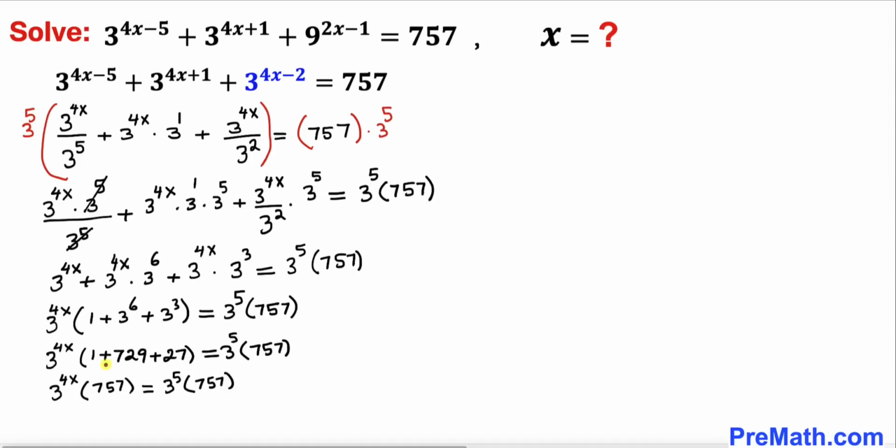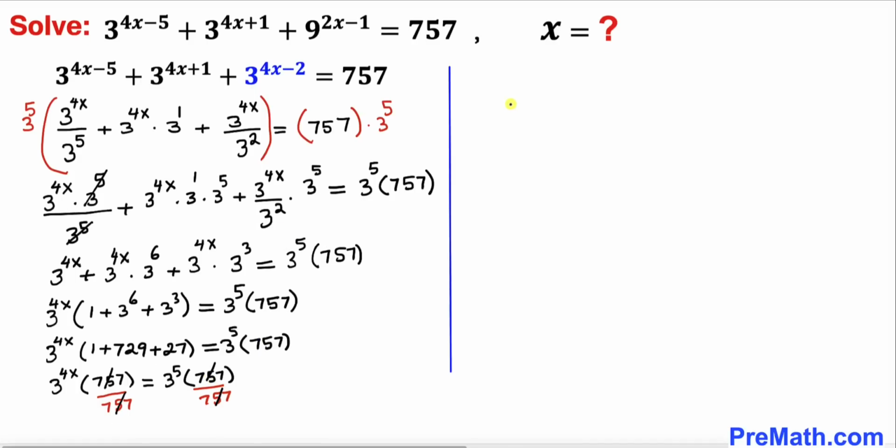And now in this next step, if we add all these three terms, they add up to 757. Now let's go ahead and divide both sides by 757. They are gone with this one. This is gone with this one. So therefore we ended up with 3 power 4x equal to 3 power 5 on the right hand side.